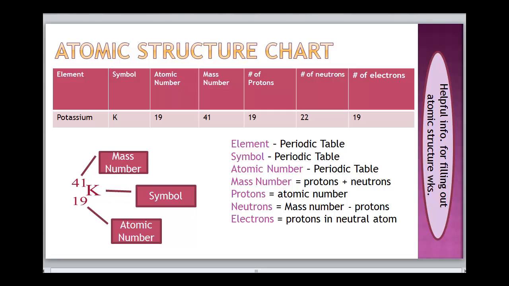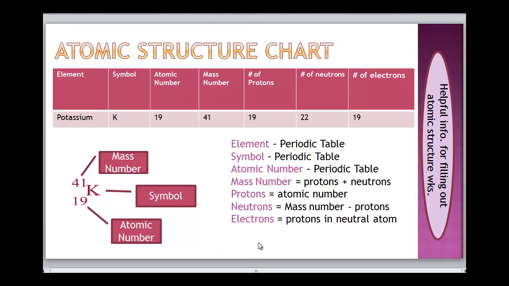If you do that, it's going to help you understand the information we're going to deliver here today. We're going to be looking at atomic structure. Now, what we want you to do as young scientists is begin to look at the periodic table and get a sense of what some of that information or those numbers associated with a symbol represent. And you can see on the right hand side, and I'm going to show with the mouse here, here's what all the different symbols represent. Okay, so that's the element symbol and then mass number and atomic number.